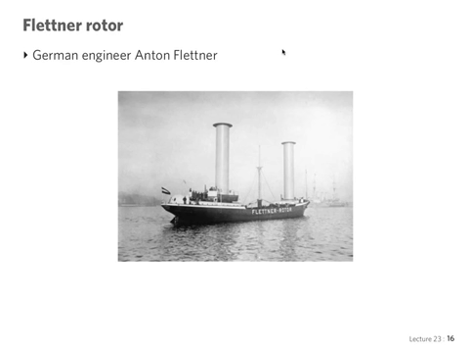He created what's called the Flettner rotor for a ship in which you had vertical cylinders that were rotating. You see them here on this old picture of a ship. Basically, the rotating cylinders acted like sails. They were able to generate a force by the superposition of the horizontal movement and the rotations.